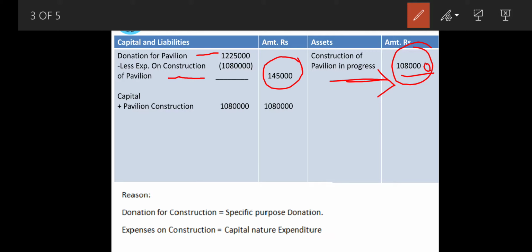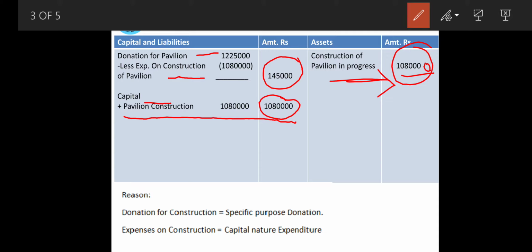Now this itself is what you have received for construction of pavilion, and you had utilized that. So that is to be shown in the capital fund also: capital fund plus pavilion construction, rupees 10,80,000. This is to be shown.